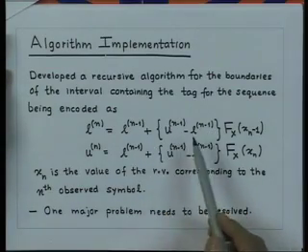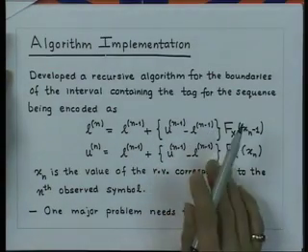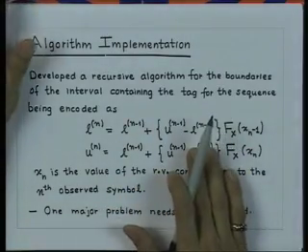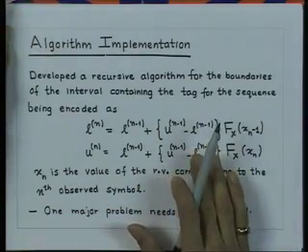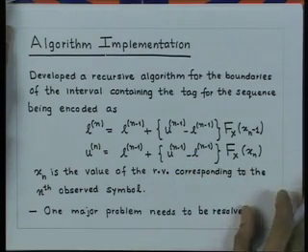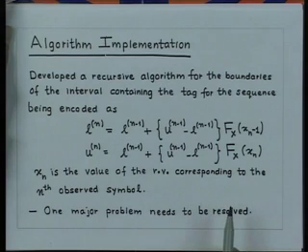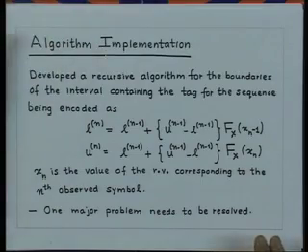Now, one major problem needs to be resolved while implementing this algorithm. Recall that the rationale for using numbers in the interval 0 to 1 as a tag was that there are an infinite number of numbers in this interval.